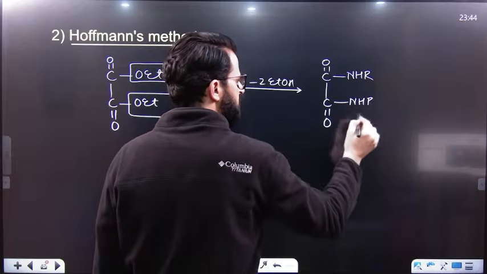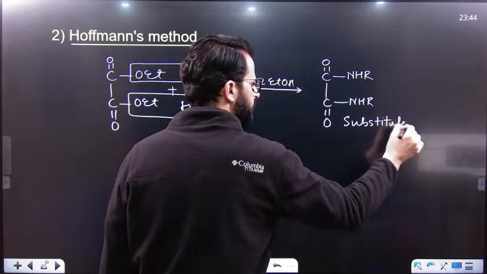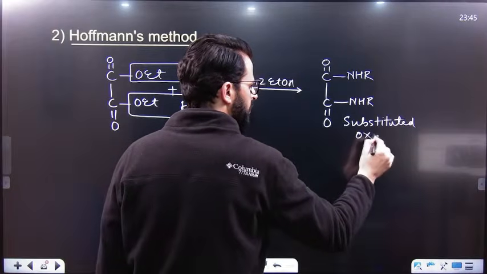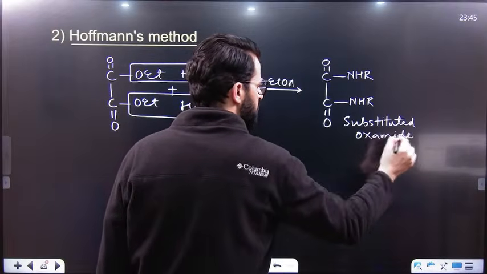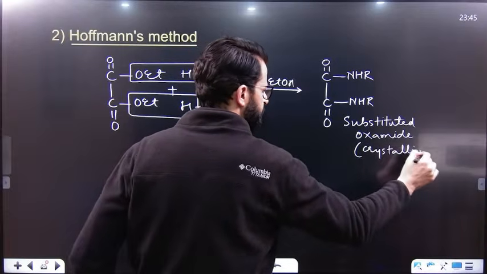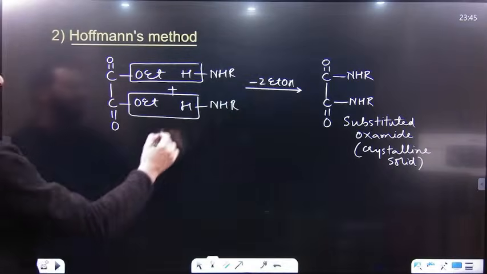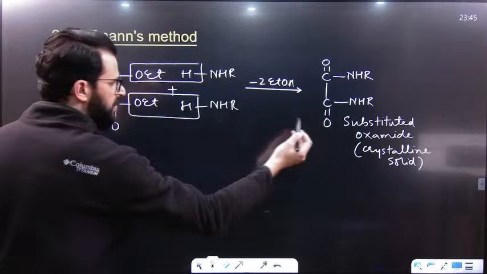This is known as substituted oxamide, and this is a crystalline solid. That means with diethyl oxalate, primary amine forms a crystalline solid.